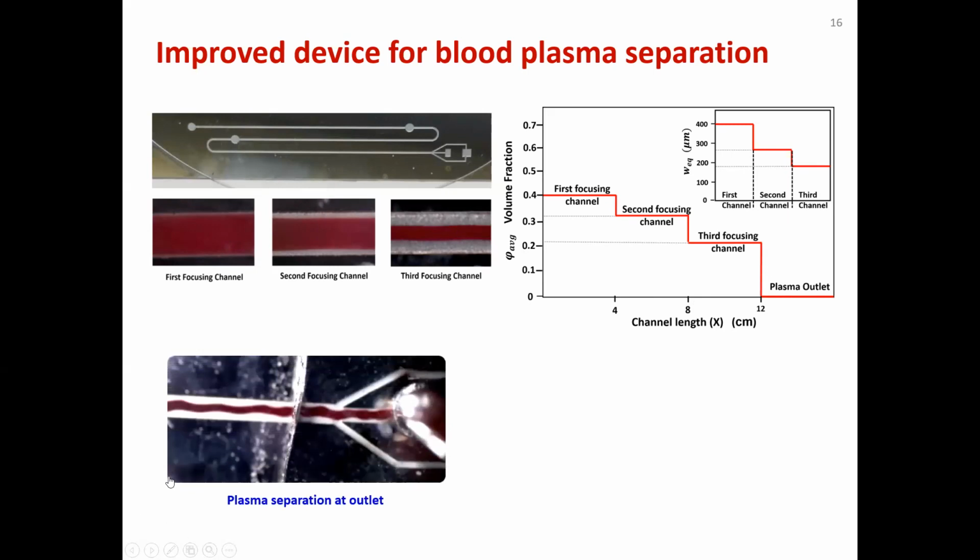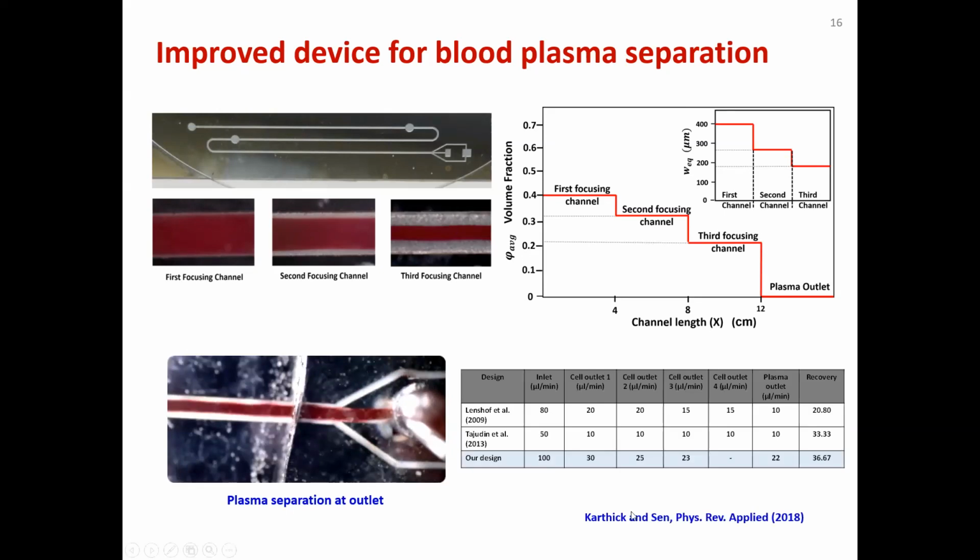And this is a video of the actual device. This is where the acoustics is on, the field is on, and you can see that the blood is focused at the center, where we're able to extract plasma from the side. And this is where the acoustics is off, so the blood actually flows through all the channels.